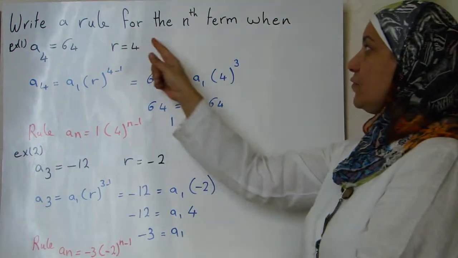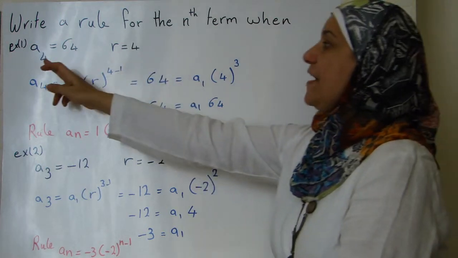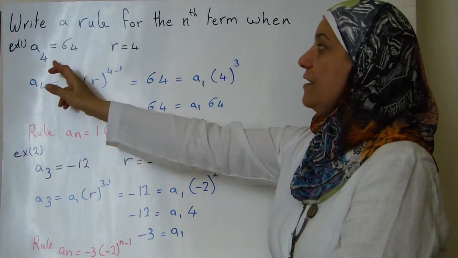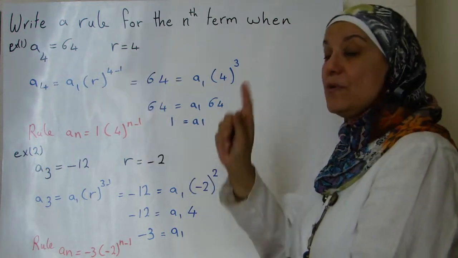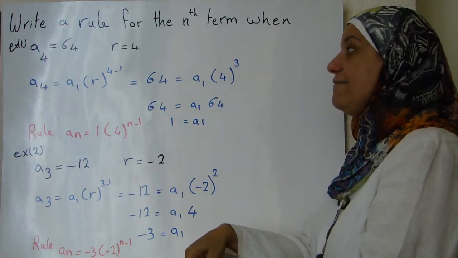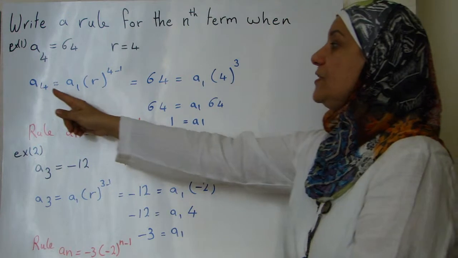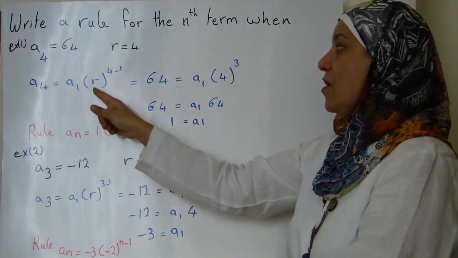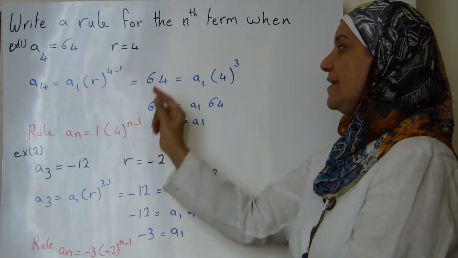Now, write a rule for the nth term when I do have a4 and r, but I don't have a1. Remember here, I don't have a1. I only have a4. So the rule would say a4 equals a1 r to the power of n minus 1, which is 4 minus 1.